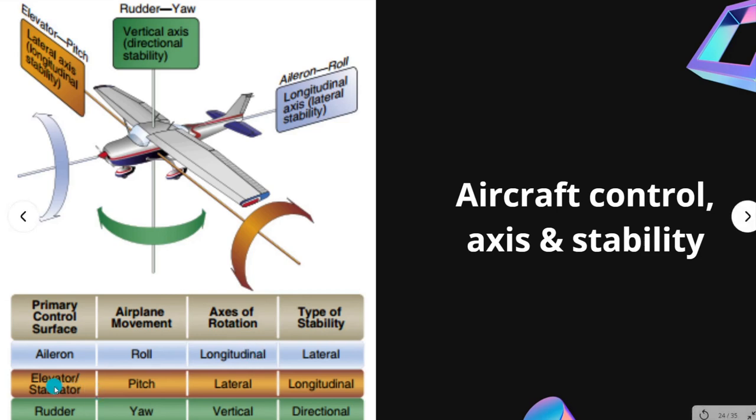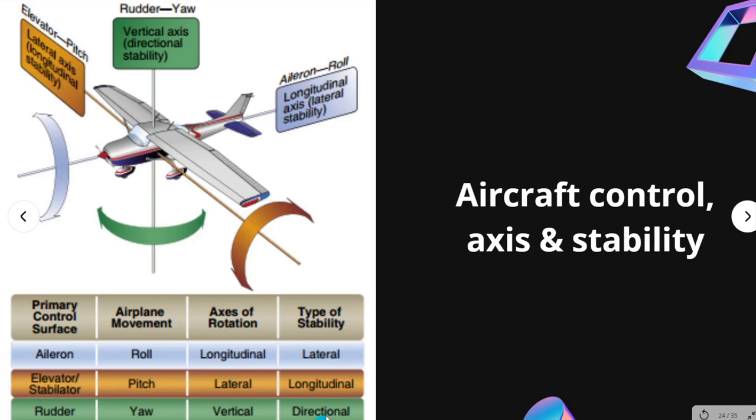Similarly, for the elevator, the aircraft is pitching about the lateral axis, but it is stabilizing the longitudinal axis, like this one. While pitching, if the aircraft's nose goes up, this longitudinal axis will also go up, right?